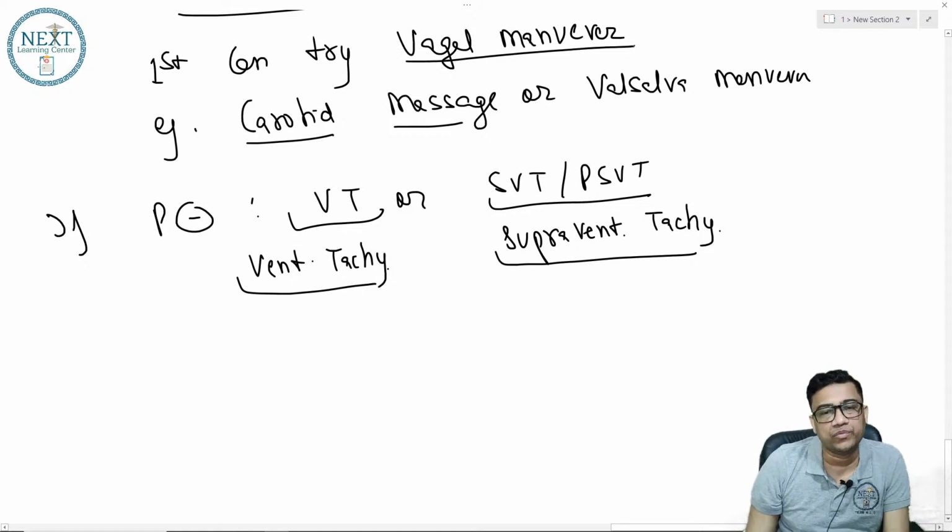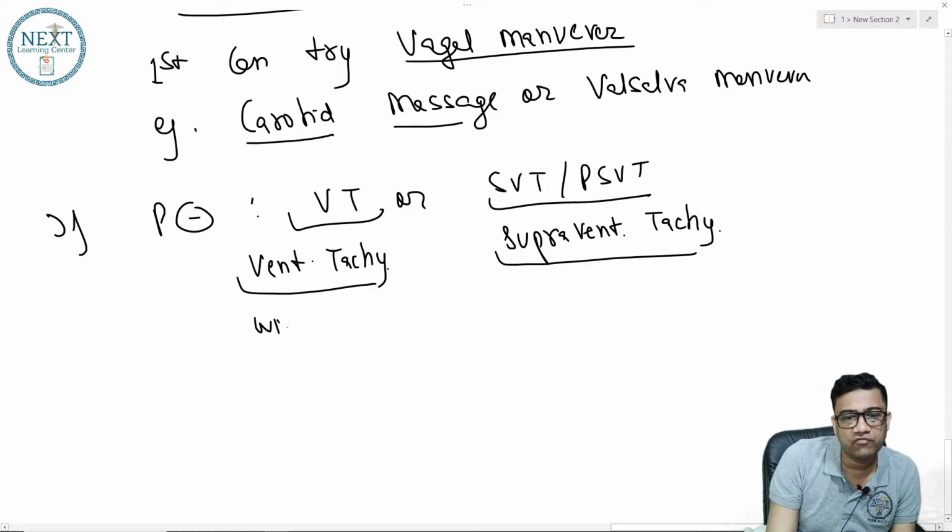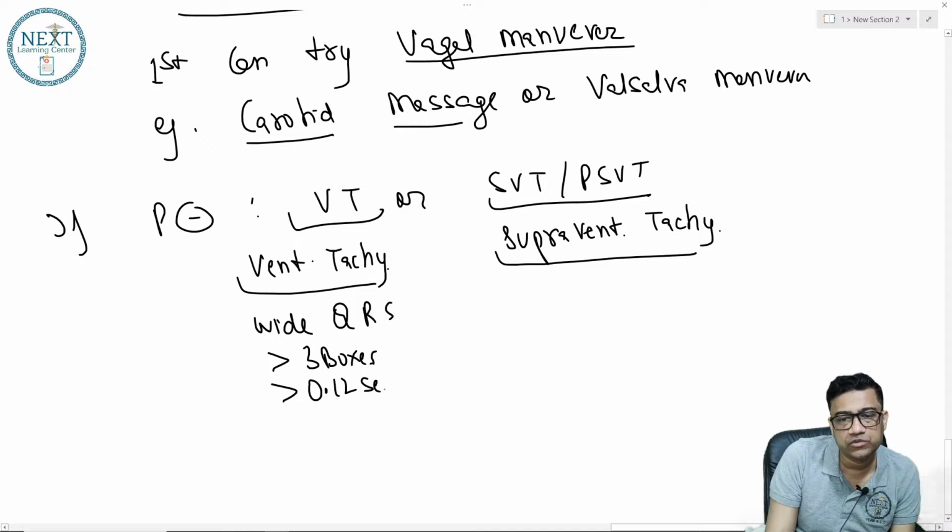Now, how do you know? Remember, in VT there is a wide QRS, more than 3 boxes. And remember, 3 boxes means more than 0.12 second.